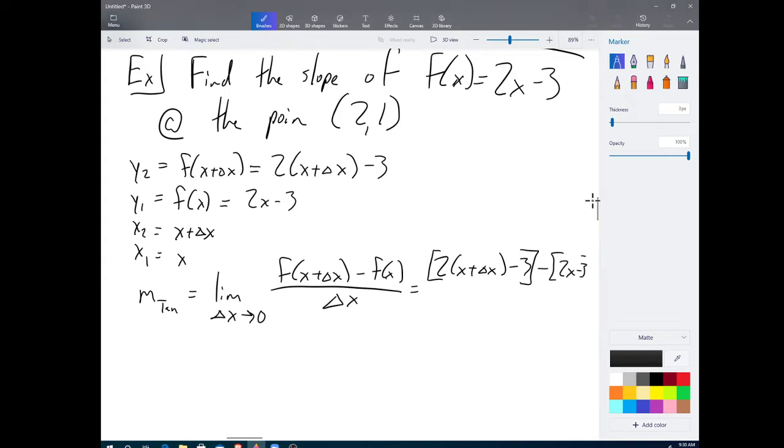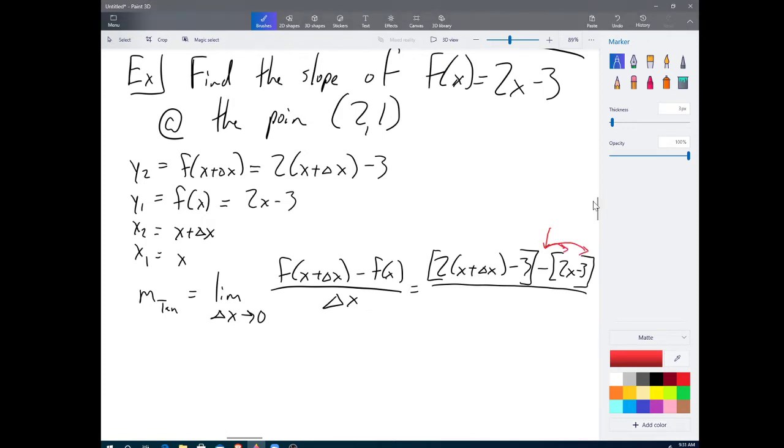I personally like to put some sort of bracket system or parentheses around my y2 versus my y1 because we are subtracting here. You do want to remember to distribute that negative.